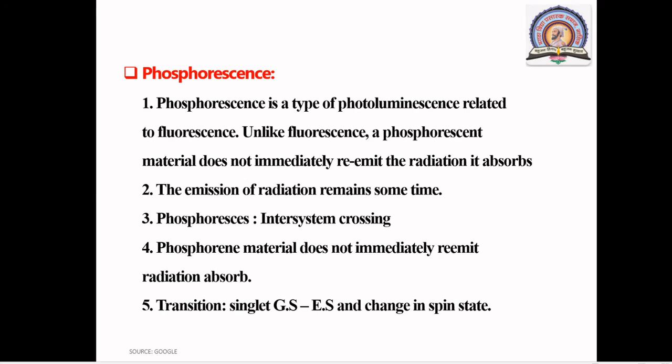Also in phosphorescence, the transition is observed from the singlet ground energy state to the excited state, involving a change of spin state. Here we observe the transition from the singlet ground state to the excited state, but with a change in spin state.